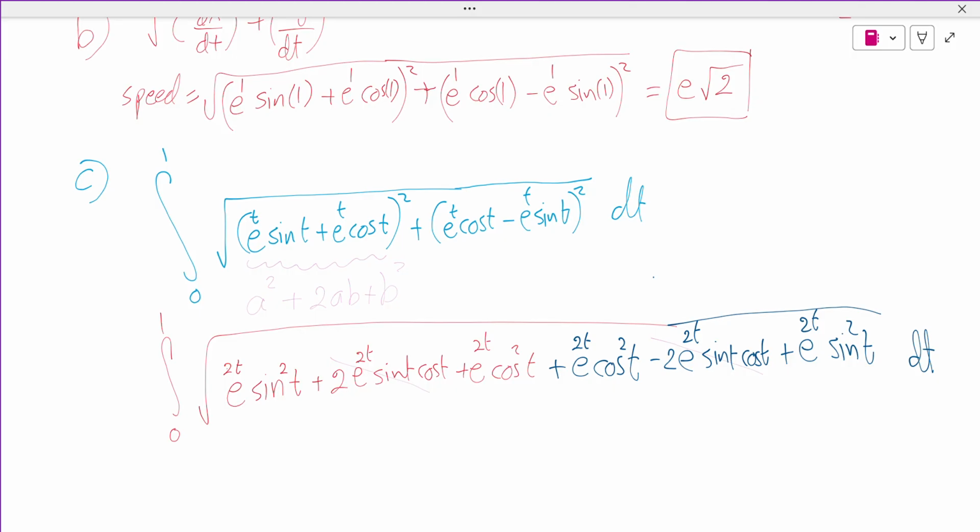The remaining four terms have e to the power of 2t in common, so we can factor it out. So this is the integral from 0 to 1 of the square root of e to the power of 2t times (sine squared of t plus cos squared of t plus cos squared of t plus sine squared of t) dt.